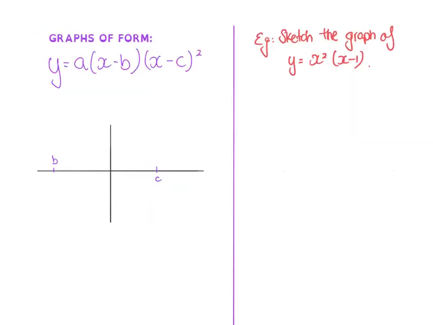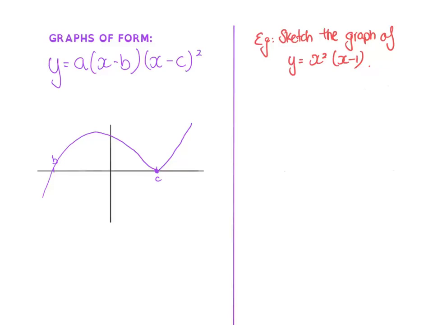Okay, when you have graphs like the one up here where we have a factor that's squared, when you draw them, the graph actually turns on that intercept. It is still an x-intercept of c, but it'll touch it and turn off it. So it'll turn on that c value.